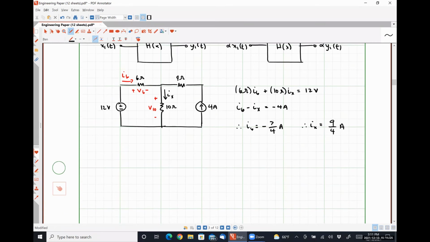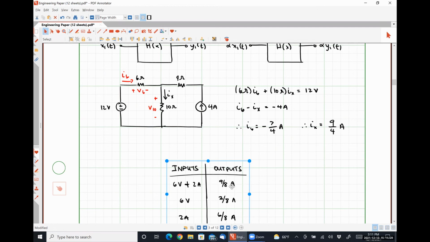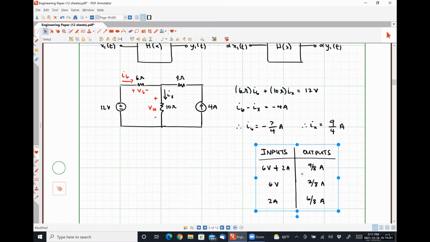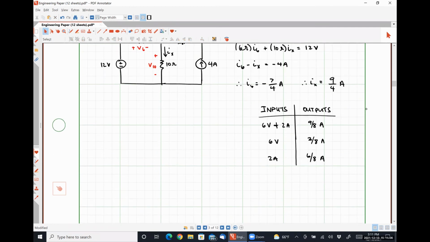So let me paste my table here and add these data points.